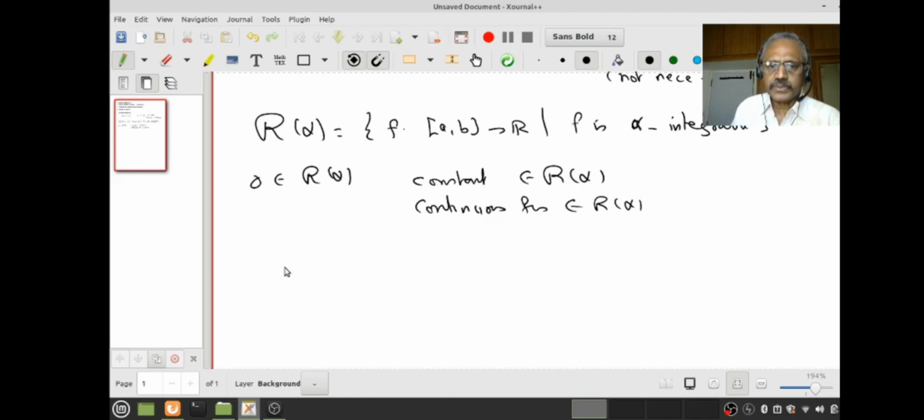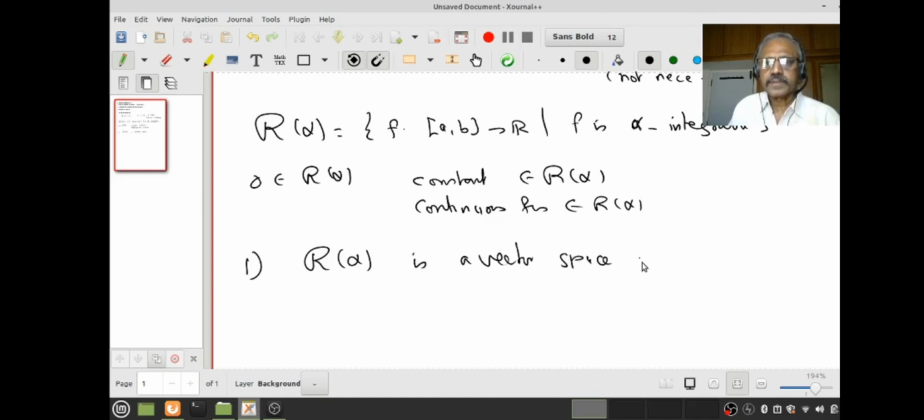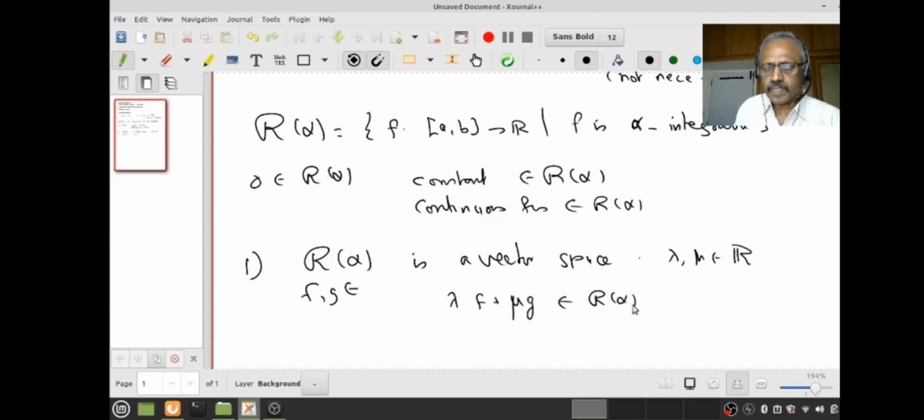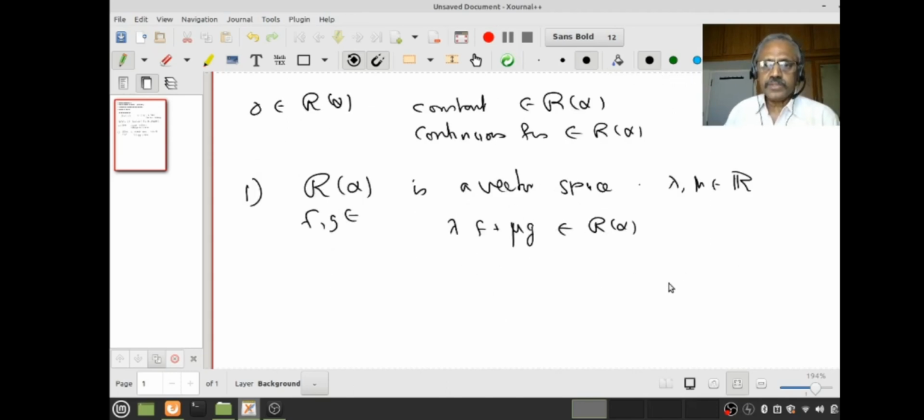What we want to first do is show that it is a vector space. So the first observation we want to make is that R of alpha is a vector space over R. What does it mean? If you give me scalars lambda, mu in R and f, g in R of alpha, then lambda f plus mu g is in R of alpha. It's not only a vector space. From R of alpha to R, I have a function now.